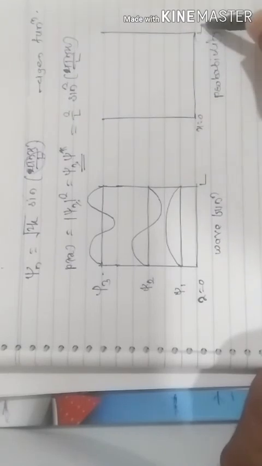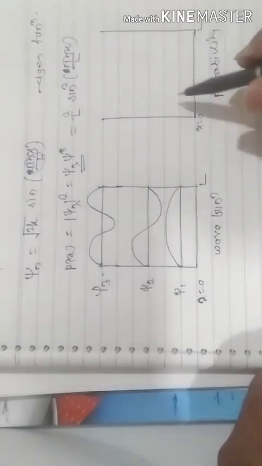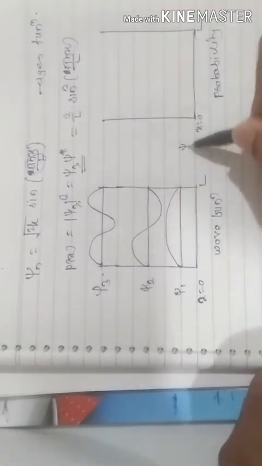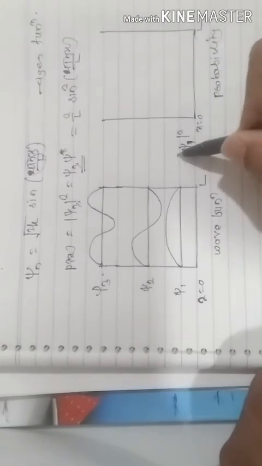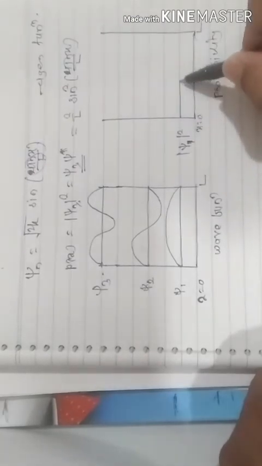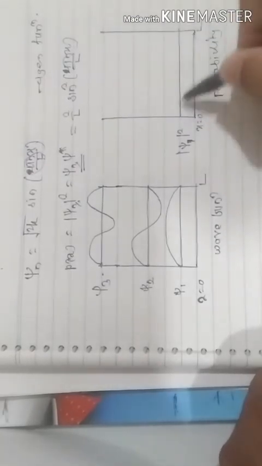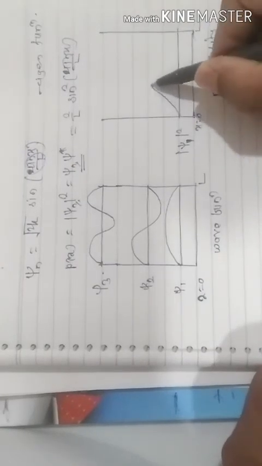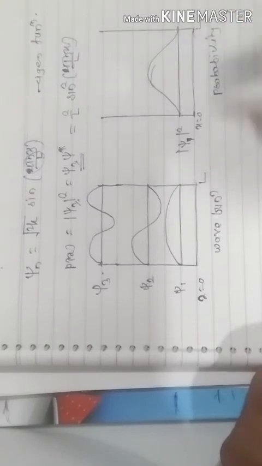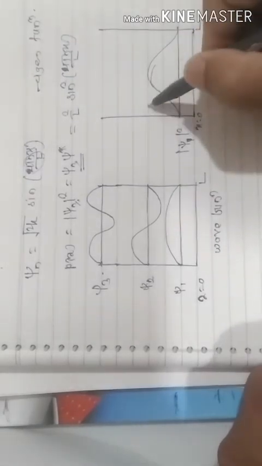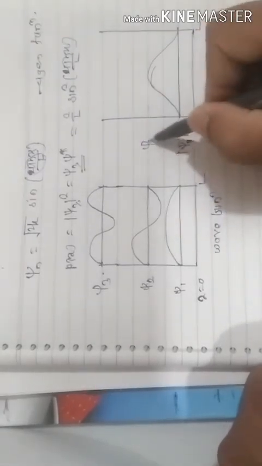The probability for n equal to 1, psi 1 of x, is again a Gaussian-like curve.